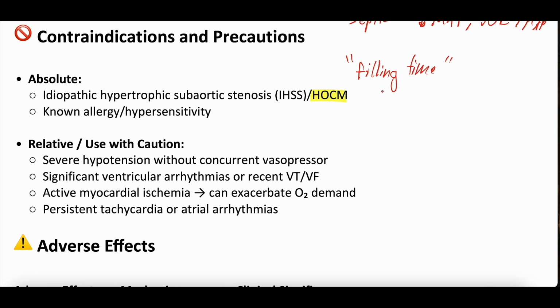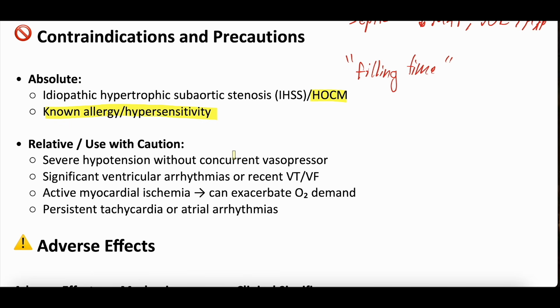But for those down the road who have a little bit more advanced knowledge of this, this is dynamic outflow tract obstruction, where you want to be really careful with inotropes, because an inotrope that increases their heart rate and contractility can sometimes worsen this obstruction, where you can't get blood to pump out of the left ventricle through the aortic outflow tract and out the aorta to the body. All right, and obviously if you have a known allergy, you don't want to use dobutamine.